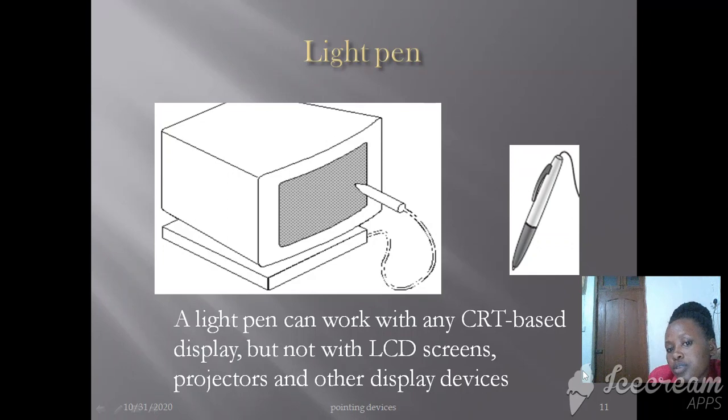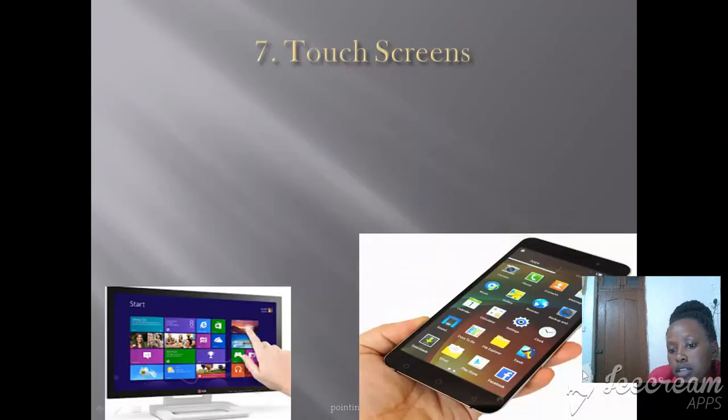So you cannot use this light pen on LCD screens, you cannot use it on projectors, and you cannot use it on any other display devices. So that is all about the light pen and how to use it, how to connect it onto the CRT based monitor.